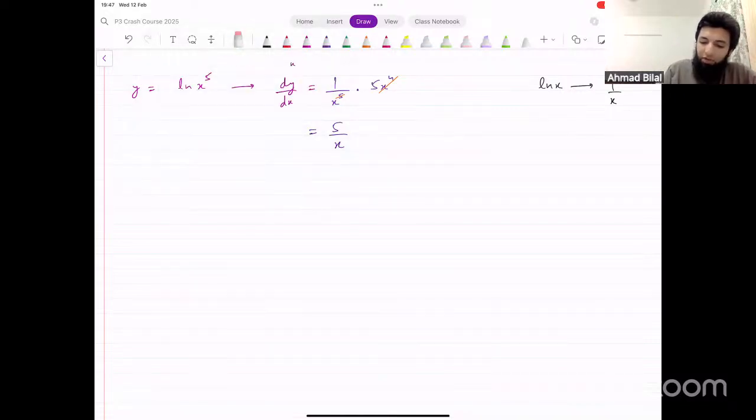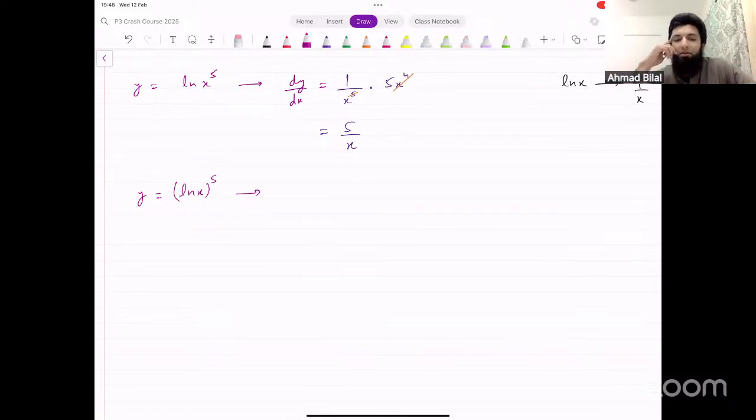Now, what if instead of this, you wanted to differentiate y equals ln of x whole power 5? Notice the difference. You have ln x raised to the power 5 in the previous example. Now we have ln x whole raised to the power 5. What about this now? How do you differentiate this?